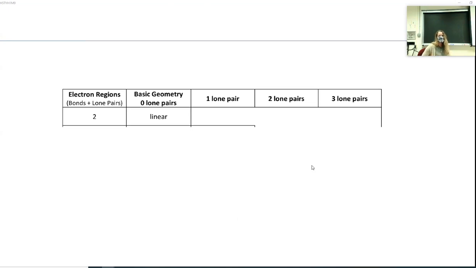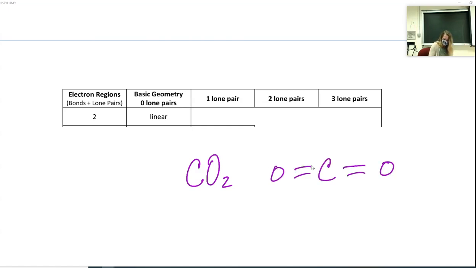The first line shows that when we have 2 electron regions and 0 lone pairs, our shape is linear. So the example that I'm going to use today is carbon dioxide. So CO2, we see that carbon will form double bonds with oxygen. Oxygen, yes, has lone pairs, but only the central atom determines the shape. So you guys can see my shape here. I've got carbon in the center, my central atom.